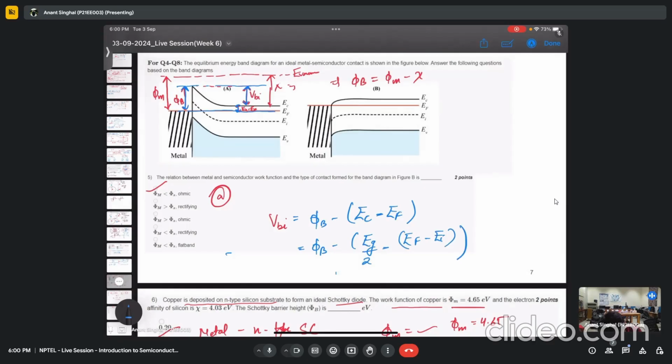This difference is EG by 2, and this difference is EF minus EI. So EC minus EF is EG by 2 minus (EF minus EI). Does it make sense to everyone?